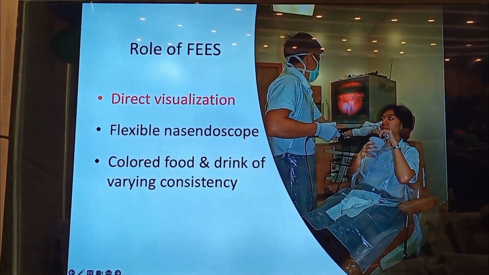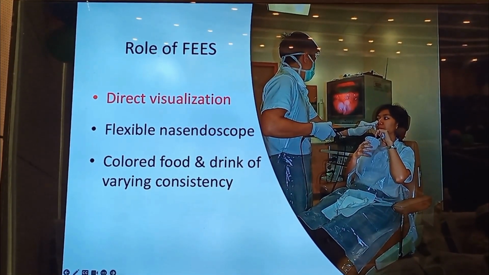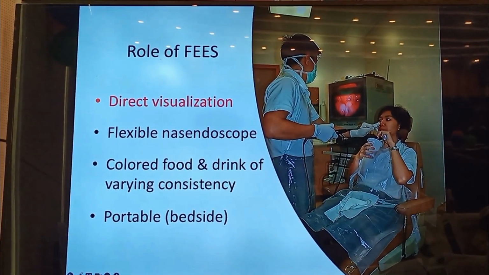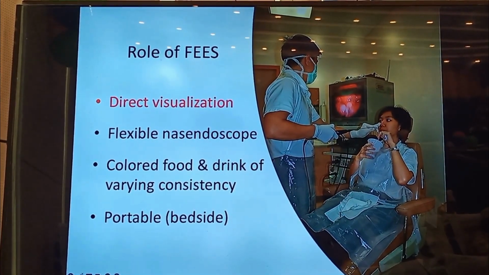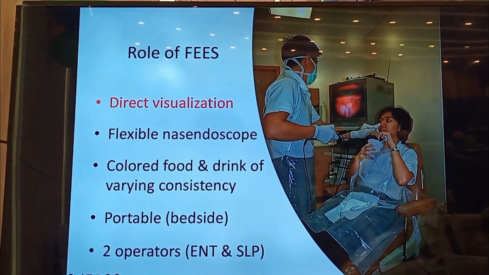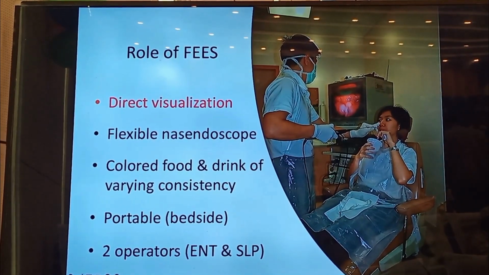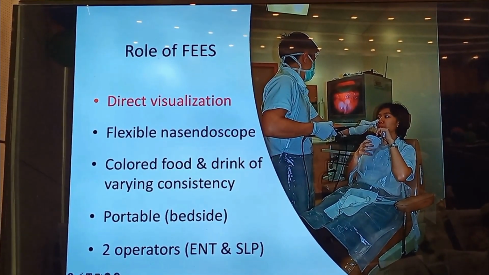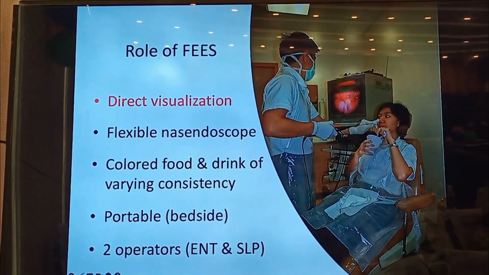We give the patient colored food and drink of different consistencies, and we assess their swallowing, and it can be portable. It can be done at the patient's bedside. It requires two operators, so typically I will do this together with a speech therapist, and we do a joint examination.